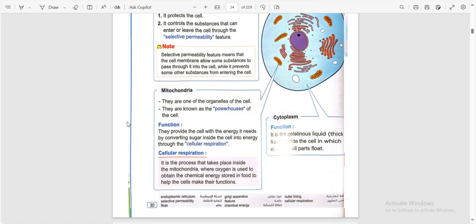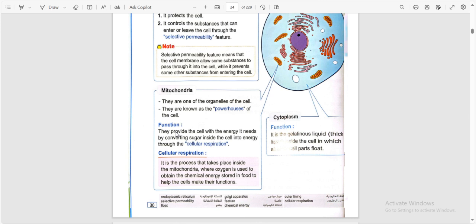The next very, very important organelle is the mitochondria. The mitochondria is known as the powerhouse of the cell. What do we mean by that? It's the main source of energy for the cell. So that's why we call it the powerhouse, because it provides the cell with energy.